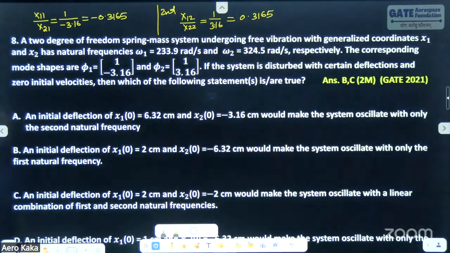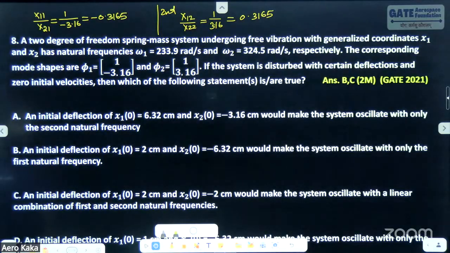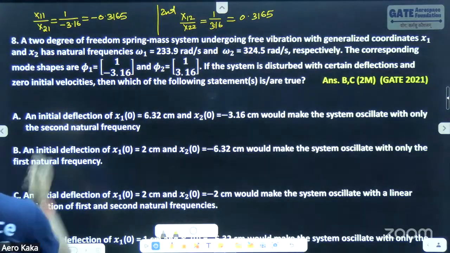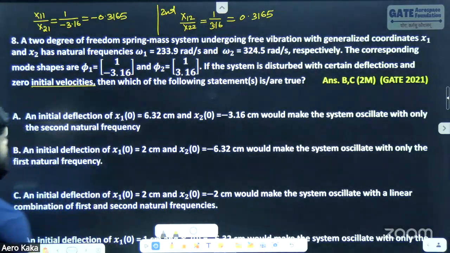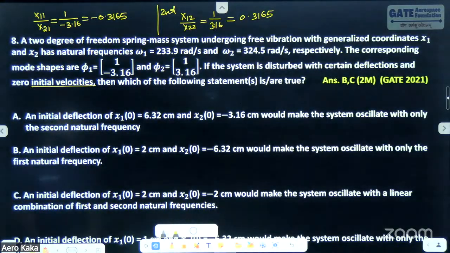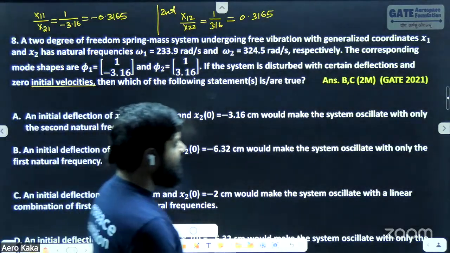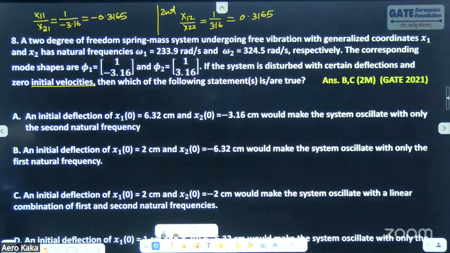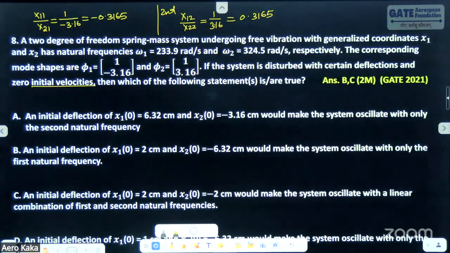Done? Okay. Now, what they are saying: if the system is disturbed with certain deflections and zero initial velocities, then which of the following statements is or are true? It's an MSQ type question, right?